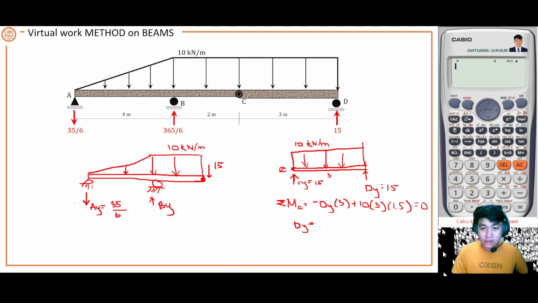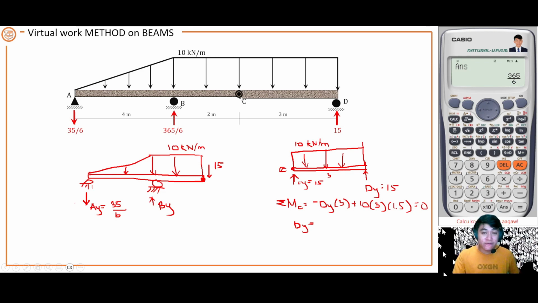Let me check. Solve. So By is 365 over 6.